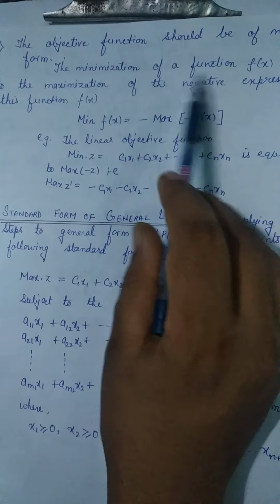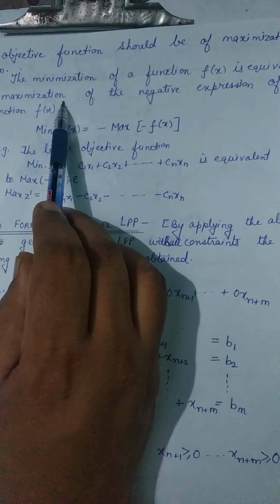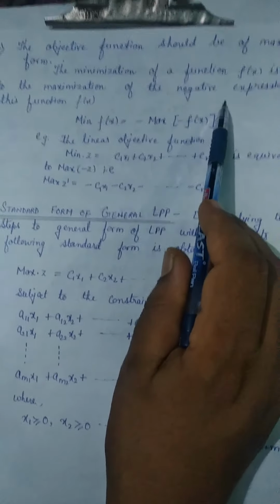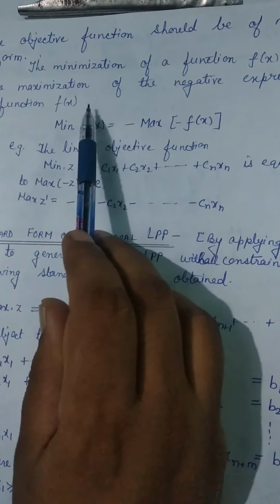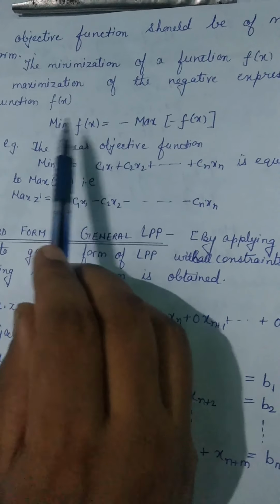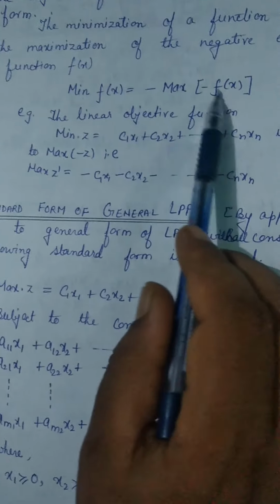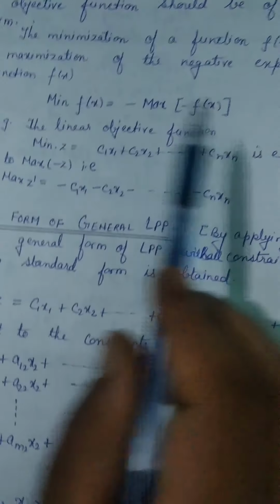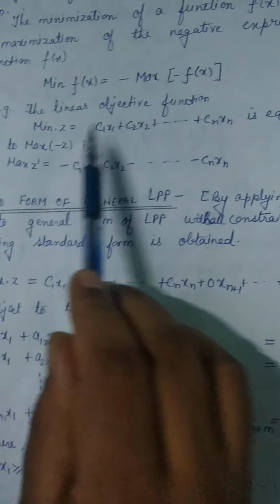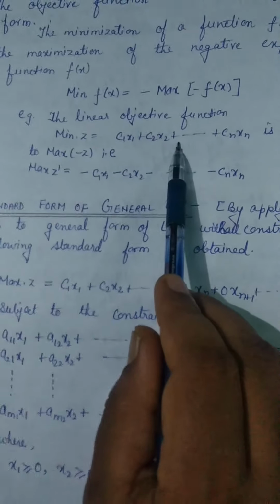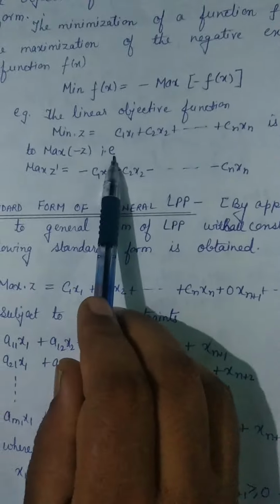The minimization of a function f(x) is equivalent to the maximization of the negative expression of this function f(x). So min of the function f(x) should be written as minus of max of the negative of the function. For example, the linear objective function min z, if it is given as c1x1 plus c2x2 plus cnxn, it is equivalent to max of minus z.